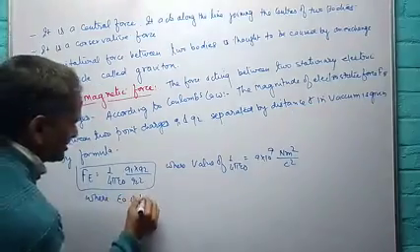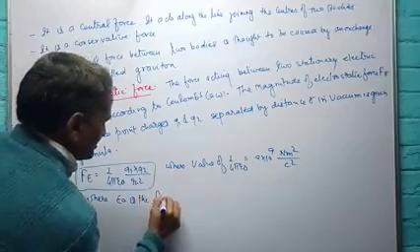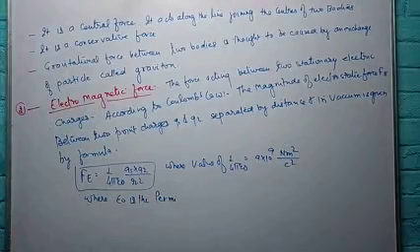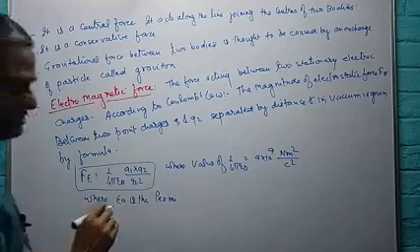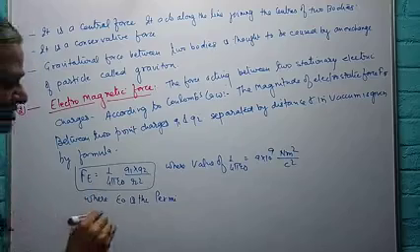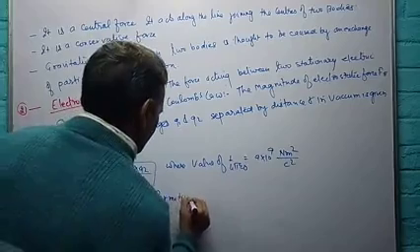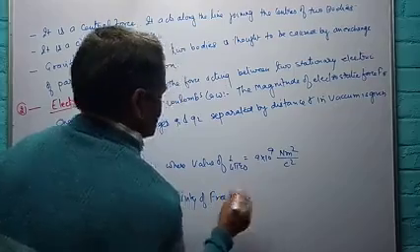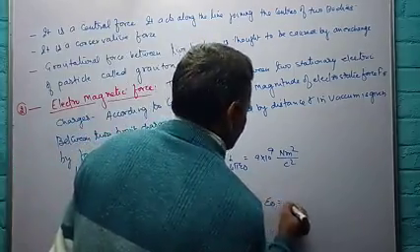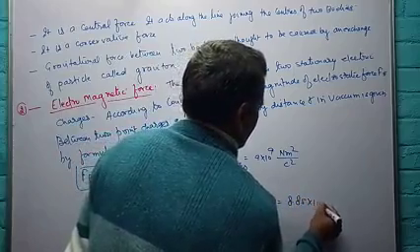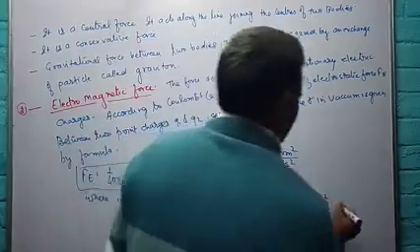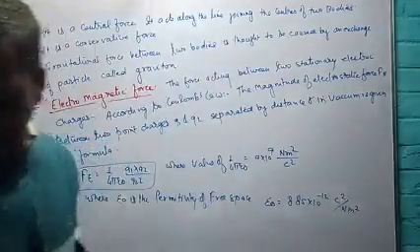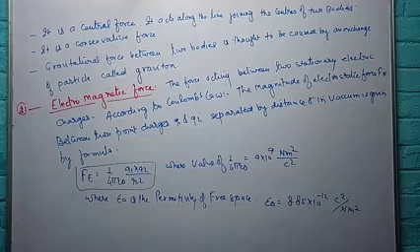Epsilon naught is the permittivity of free space. The value of epsilon naught is 8.85 into 10 to the power minus 12 coulomb square per Newton meter square.